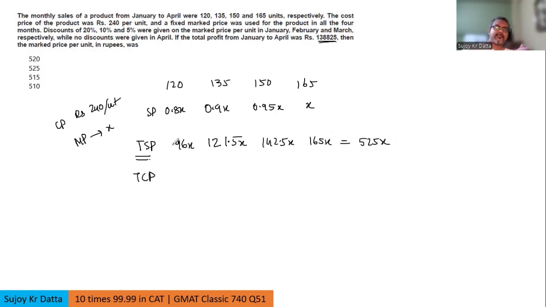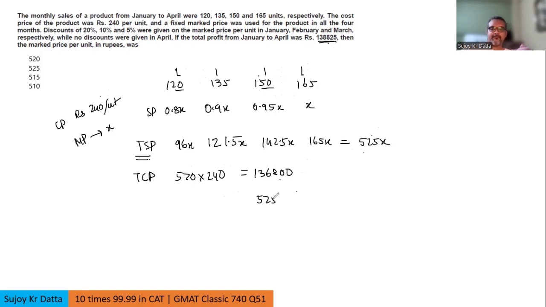But the total cost price, you have to multiply the total number of units with 240. So total number of units is easy. So 165 plus 135 is 300. 300 plus 100. So 400, 500, and 70. So 570 times 240 is basically the total. 570 times 240 is 1368, right? So the total profit would be this minus this, which is equal to this.